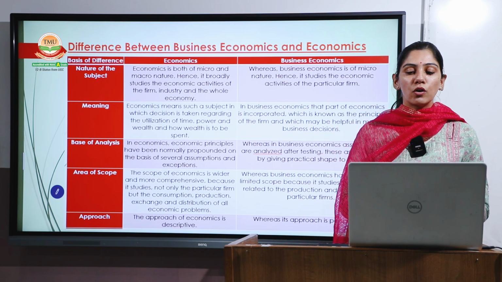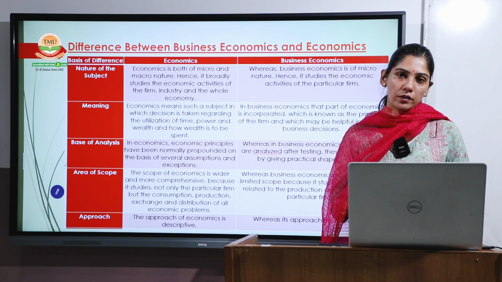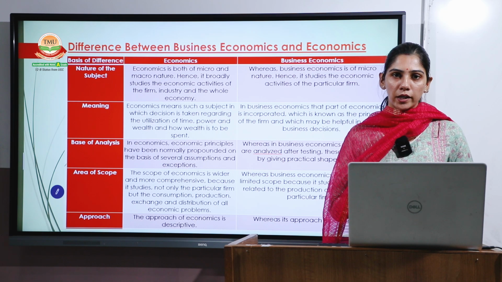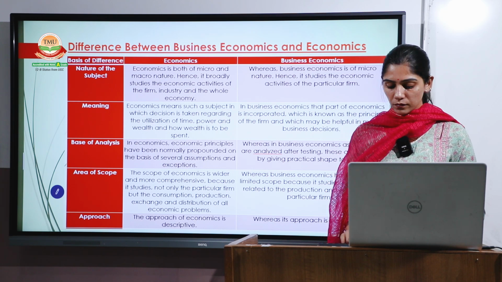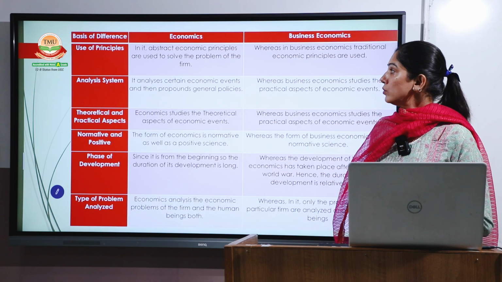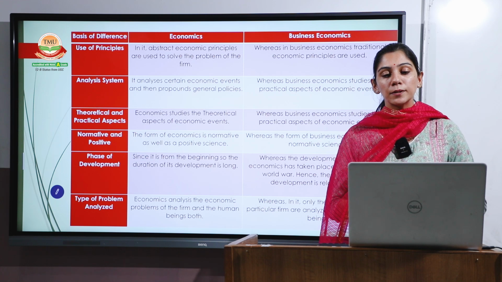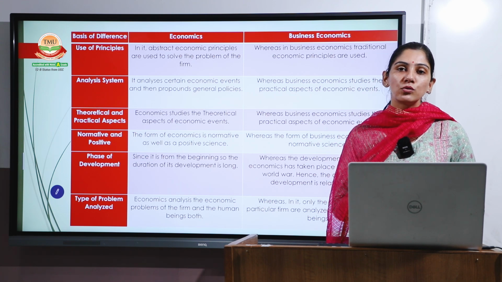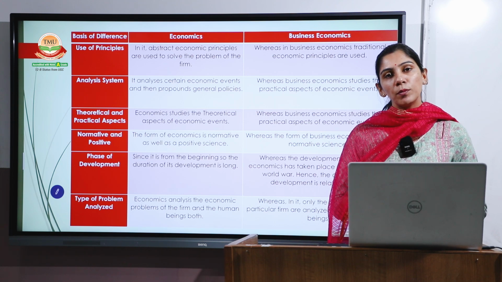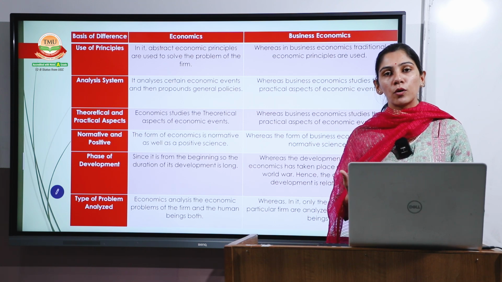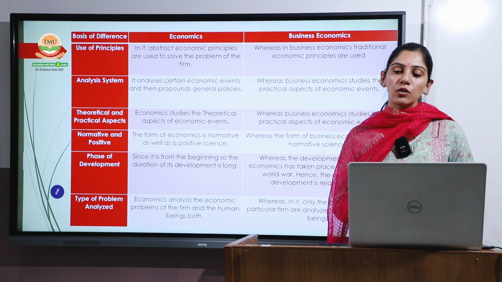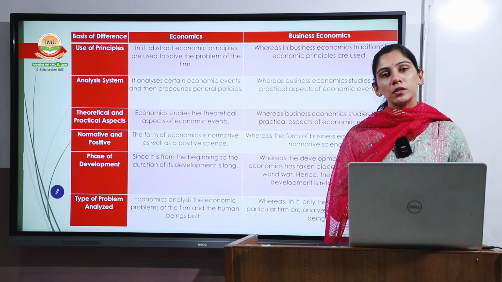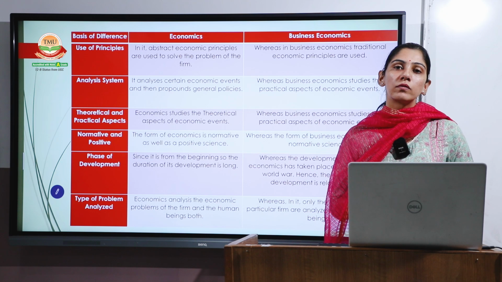Next one is approach. The approach of economics is descriptive and the approach of business economics is prescriptive. Now, use of principles. In economics, economic principles are used to solve the problem of the firm or the problem of the nation. In business economics, traditional economic principles are used to solve the problem.